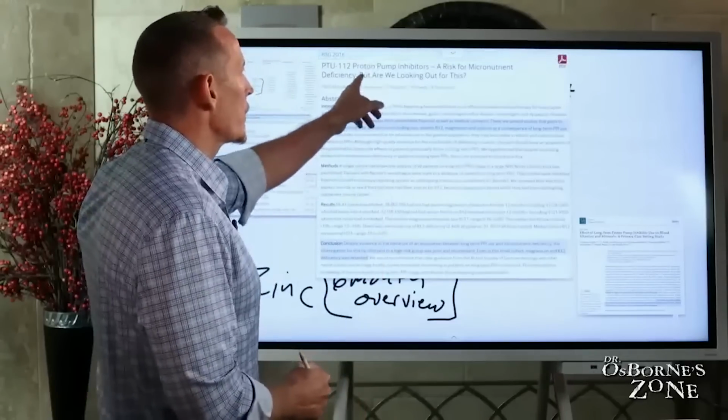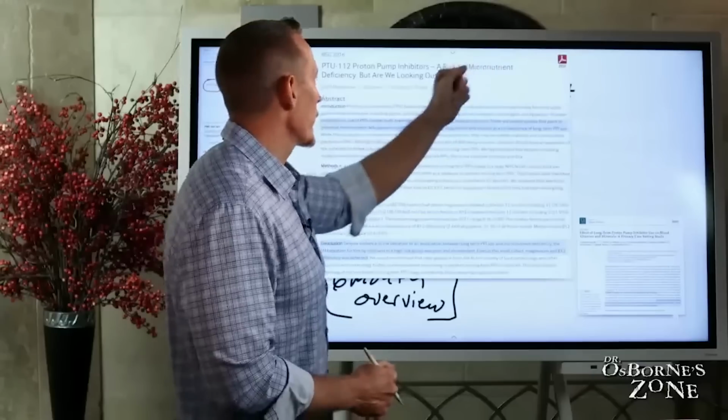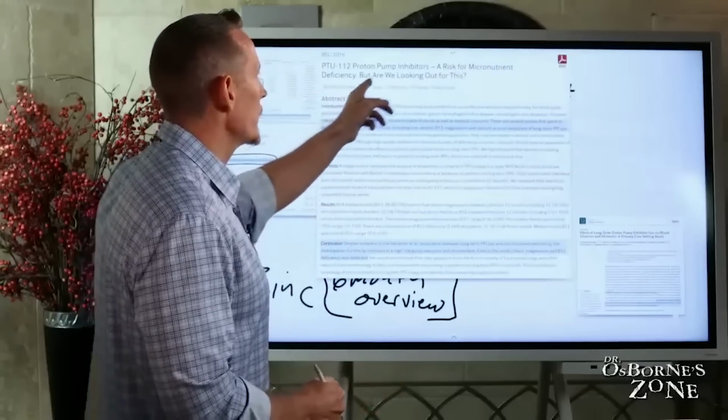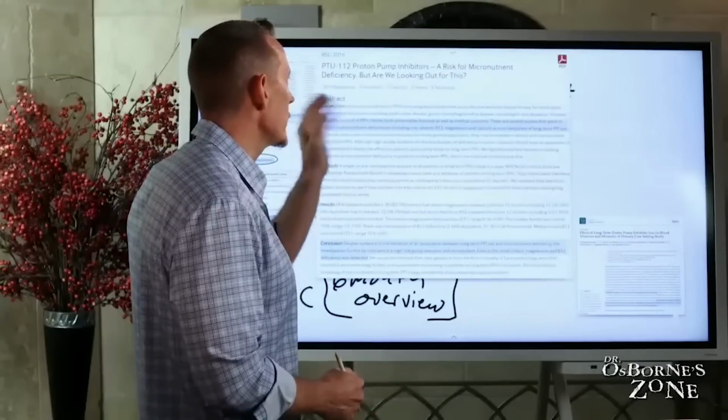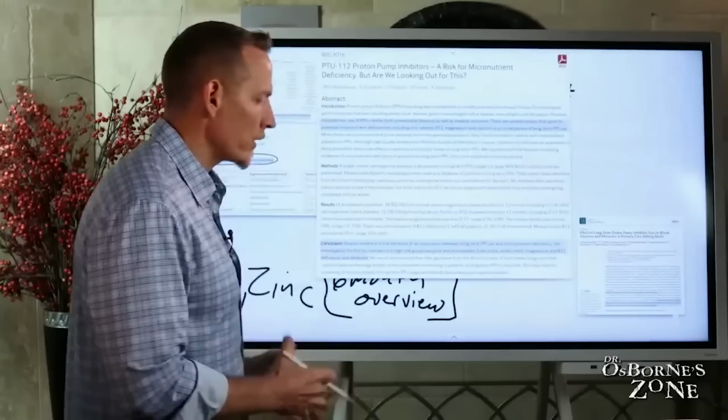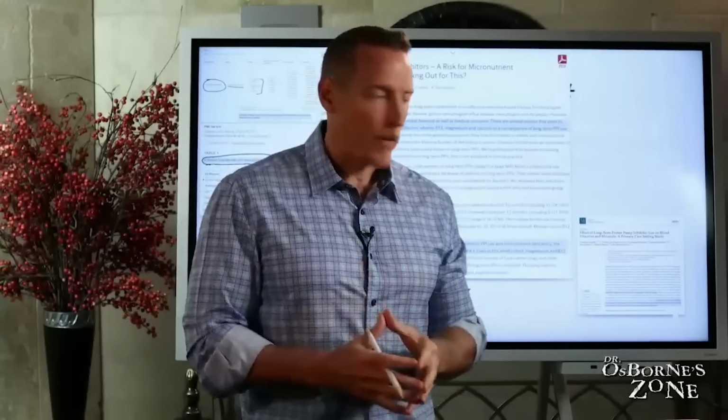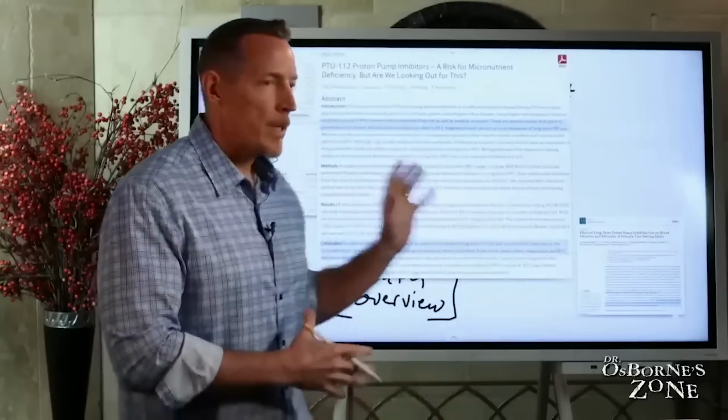Now, another study here: proton pump inhibitors, a risk for micronutrient deficiency, but are we looking out for this? In this study, these authors were discussing their concern because we've known about this class of medication causing B12 and other micronutrient deficiencies for decades. This is not new information.